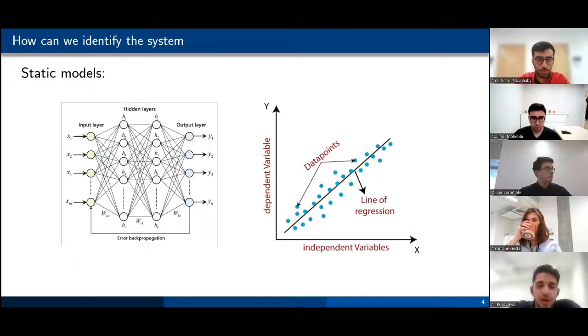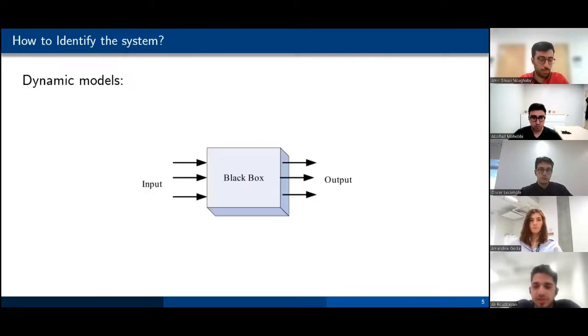However, unless this is a specific architecture, such as a recurrent neural network, we are not able to understand the sequential relationship between the input and output, because we are not considering the time derivatives and past values of the input.